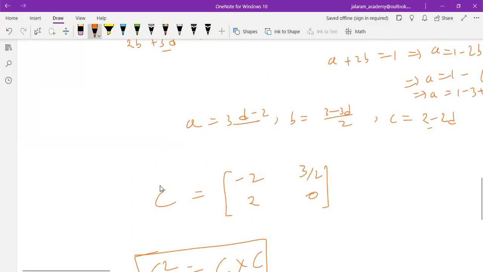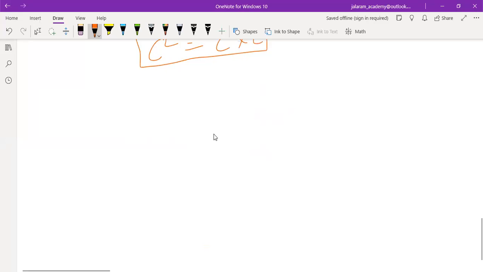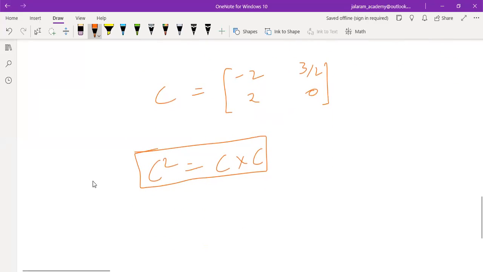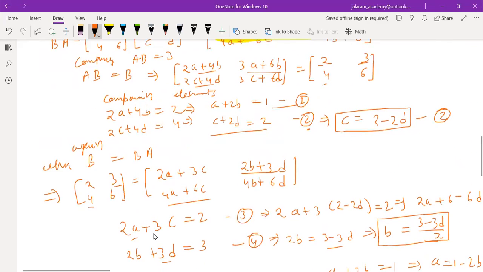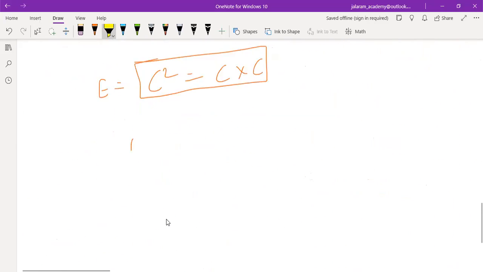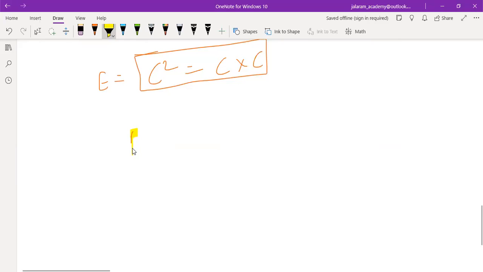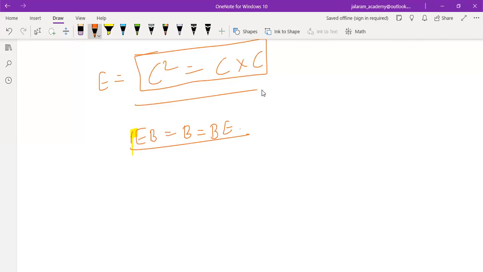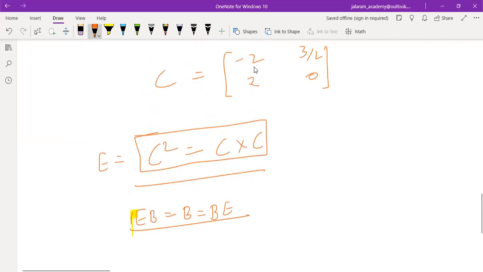After finding C square, you have to prove that if C square is a matrix E, then it also has the same property as A. Means in place of A, we can write this new matrix E. That is, we have to finally prove EB equals B equals BE. That's it. Understood, everyone? So in this way, we can solve this question after finding the C.